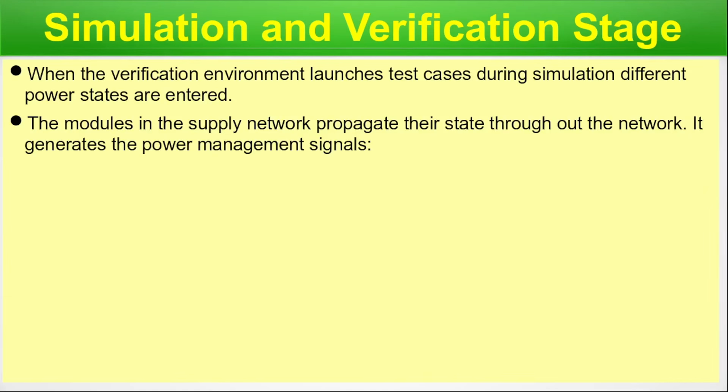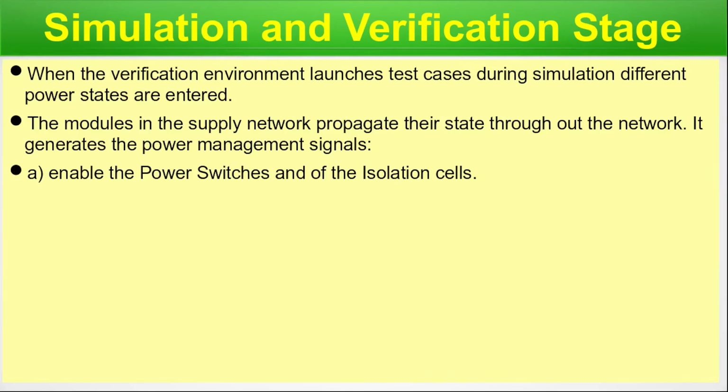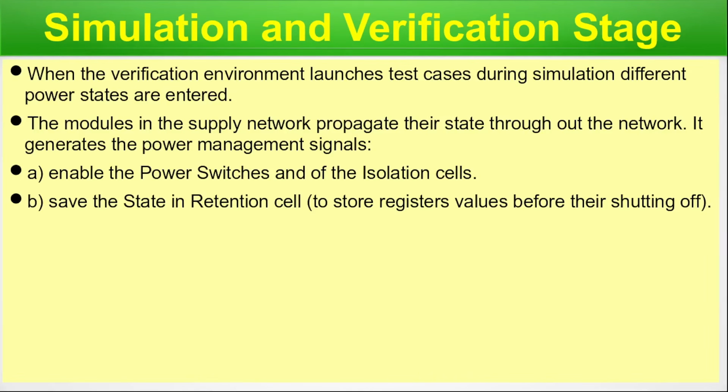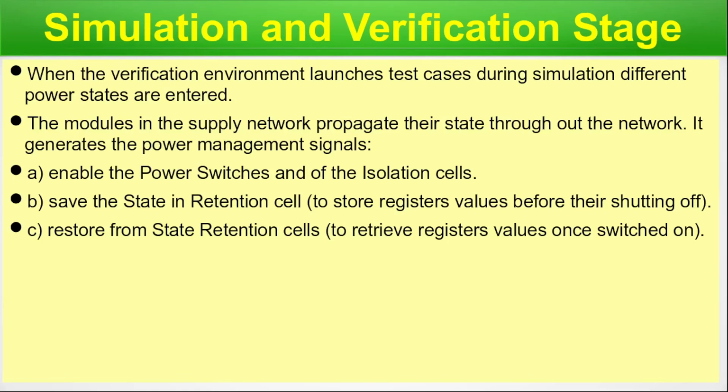The modules in the supply network propagate their state throughout the network. It generates the power management signals such as enabling the power switches and the isolation cell. Save the state in the retention cell, that is, store the register values before they are shut off. Restore from the state retention cells to retrieve register values once the power domain is switched back on.